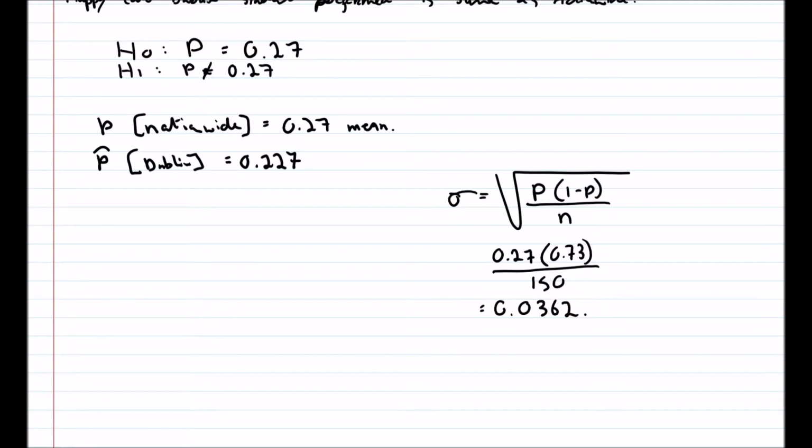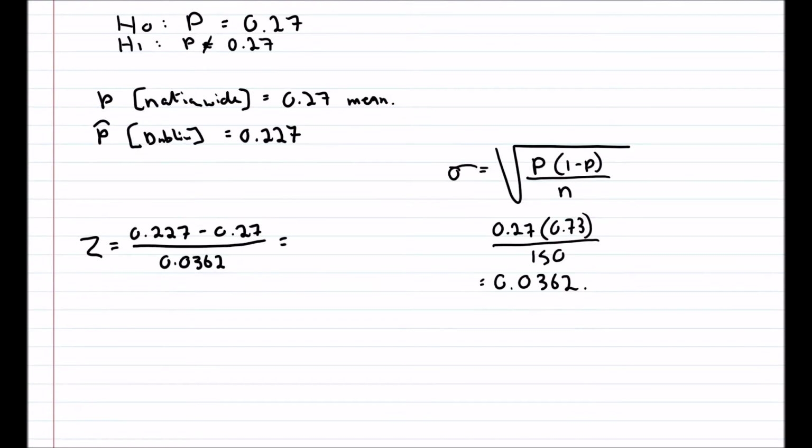Okay, so I change to a z score then. So z equals my number, what we found, 0.227 minus 0.27, all over the standard error, and I get minus 1.188.